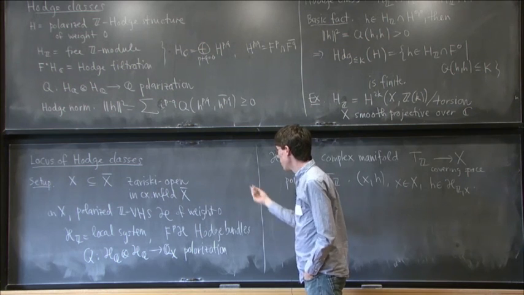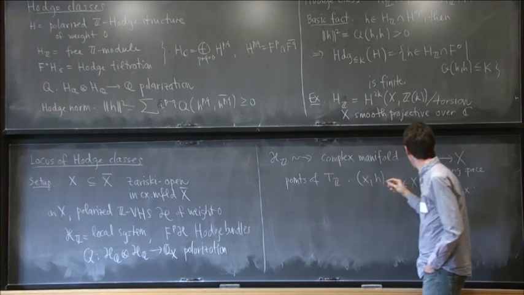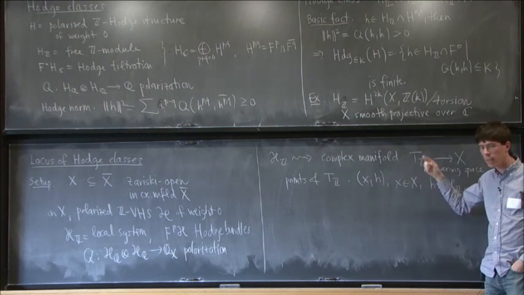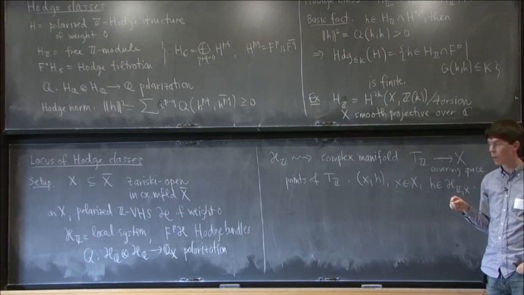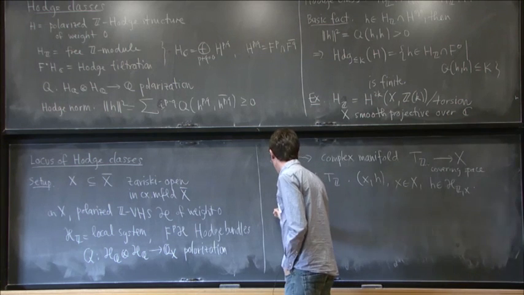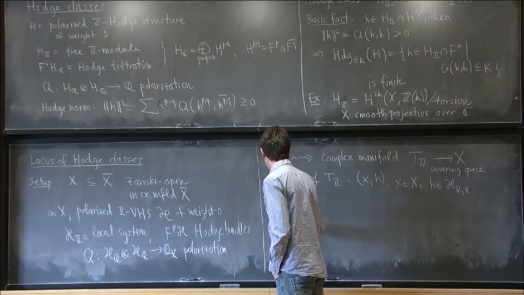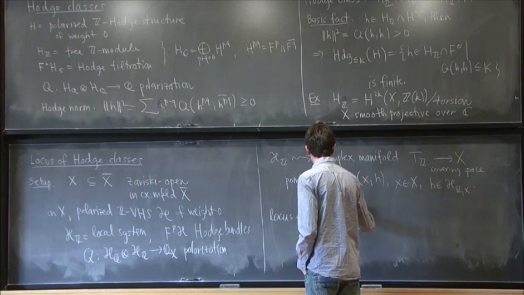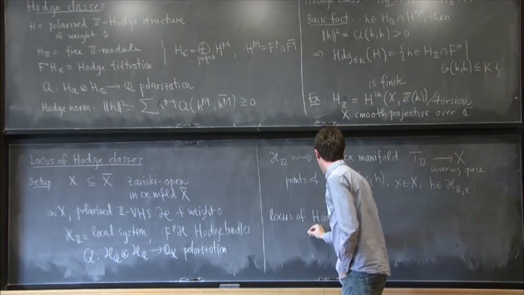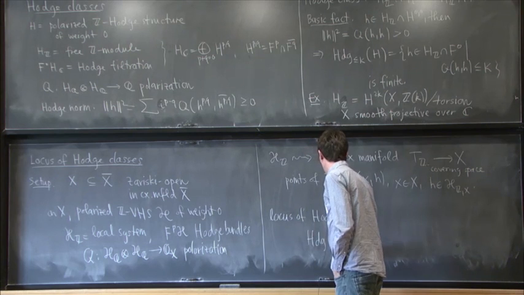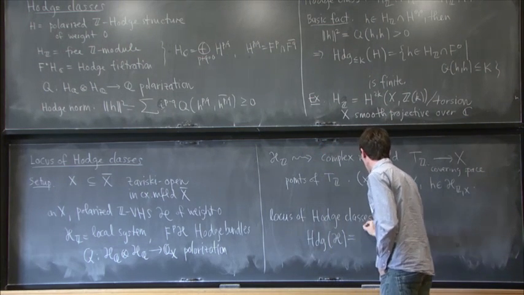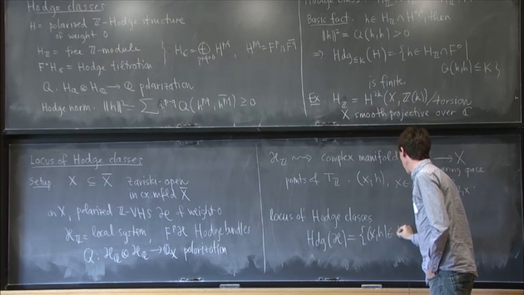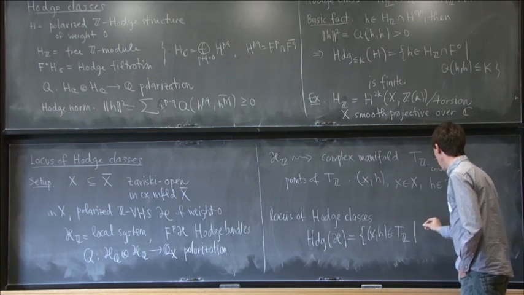Okay, and so now the locus of Hodge classes, I can consider it as being actually a subset of this space, right? This TZ, the points of that tells me all the integral classes in my variation, and then I'll take the locus of Hodge classes. So this is the set of points in here where H is Hodge.